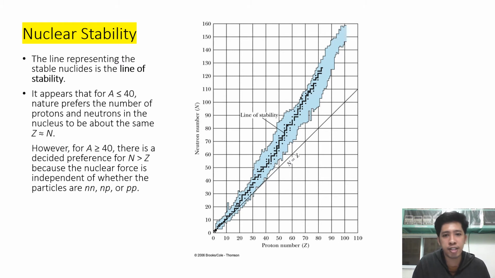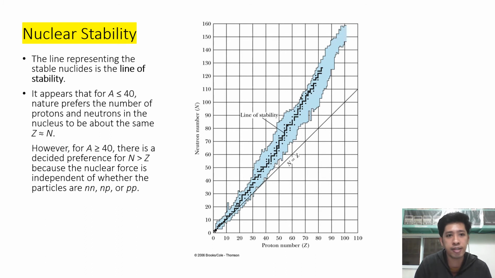Let's go back to this form of your nuclide chart. The black blocks, the elements which are in color, are your stable nuclides, and they form a line which we call the line of stability.